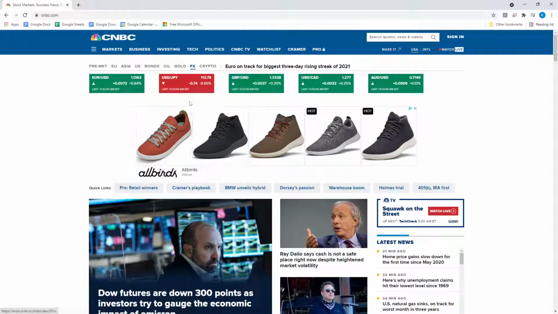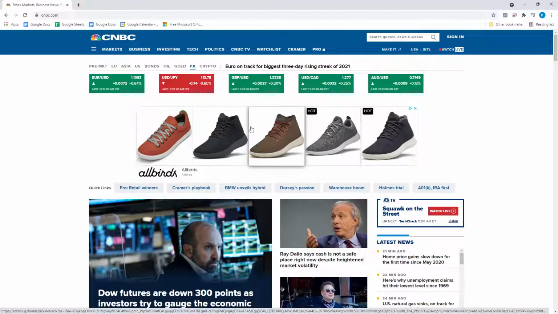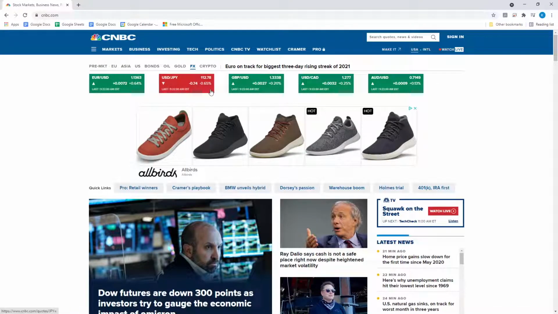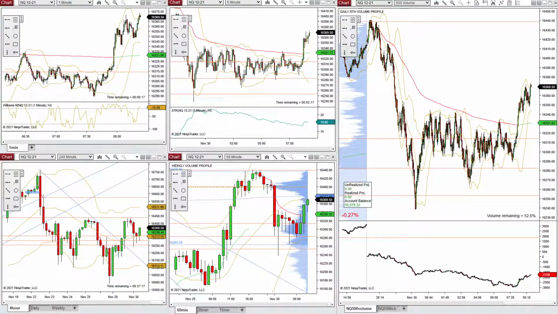You can look sometimes at what the yen's doing. Yen's increasing against the dollar. Yen is a risk on off asset. That could just be that it's going with its trend right now.